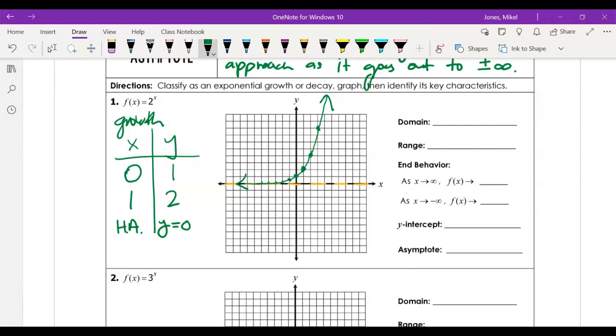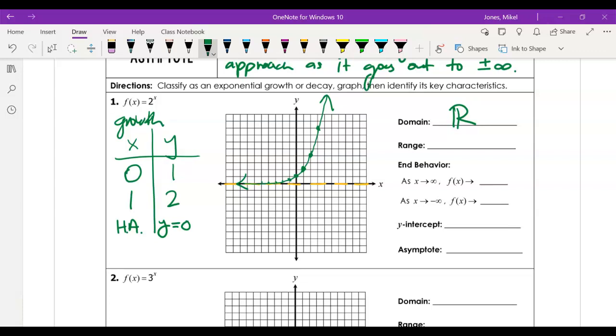So the domain of this function is all real numbers. I could plug in any value for x and get something out. You can see that this graph goes all the way to the left and all the way to the right. But the range does not include all real numbers. This graph goes all the way up towards infinity, but it levels out at the x-axis.